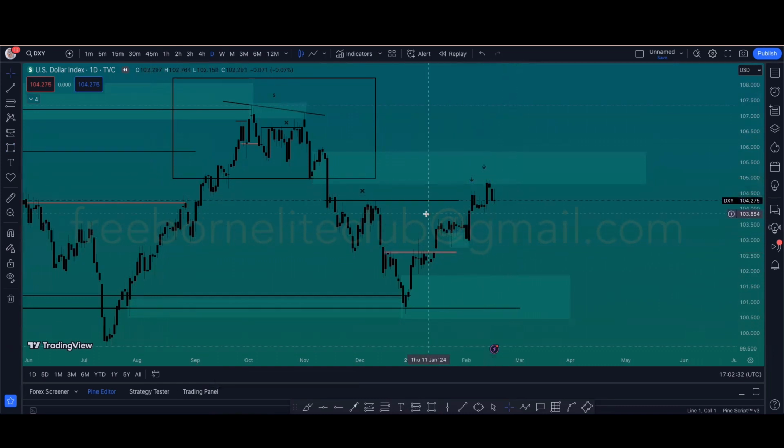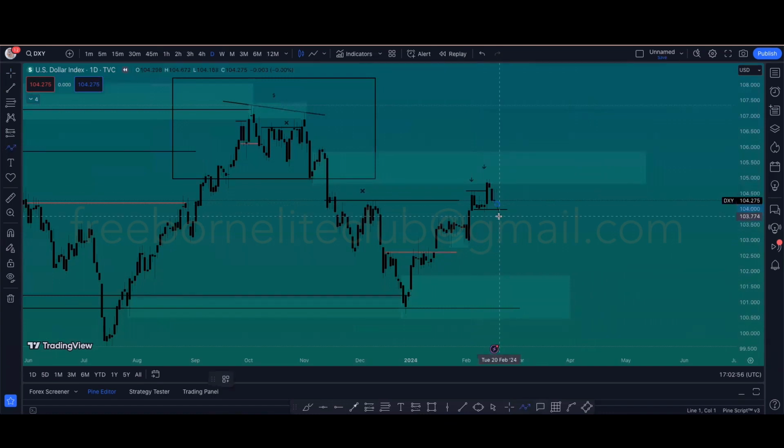But now price has collected this liquidity, this top here, and then gave another push to take out this one. Now, what's to say price has taken out this one? All we need to wait for is to see if price is going to break this low and close below it.